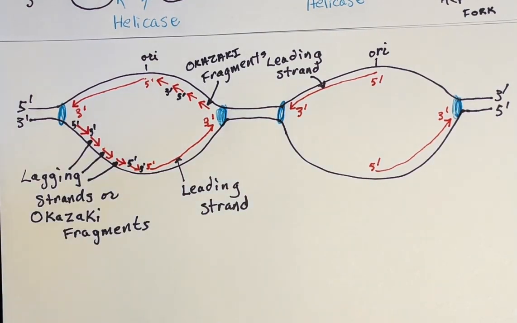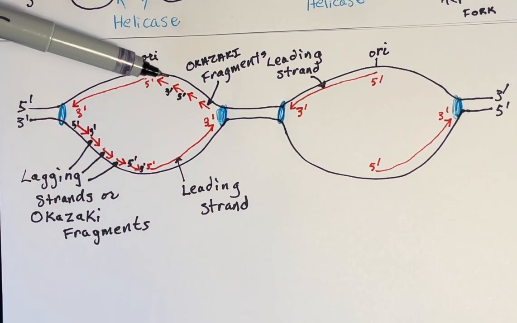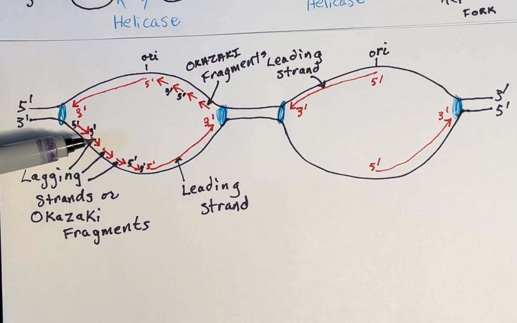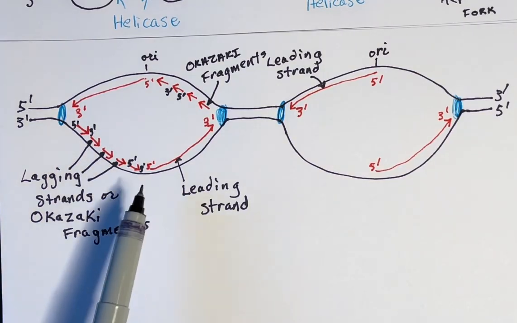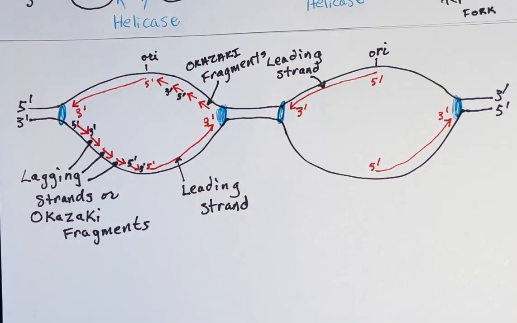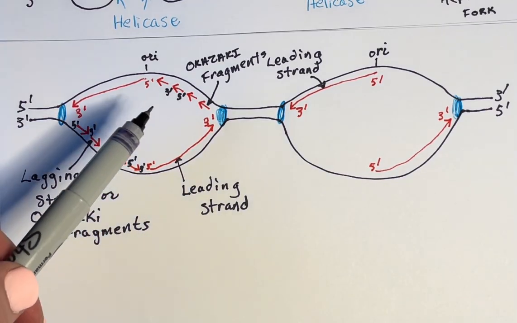Okay, so now I've drawn these Okazaki fragments, and hopefully you can see, so 5'. So if this is the 3' end, that's got to match up as 5'. So 5', and we're adding the bases at the 3' end. Okay, 5', 3'. So that's where bases are added. Same on this side.